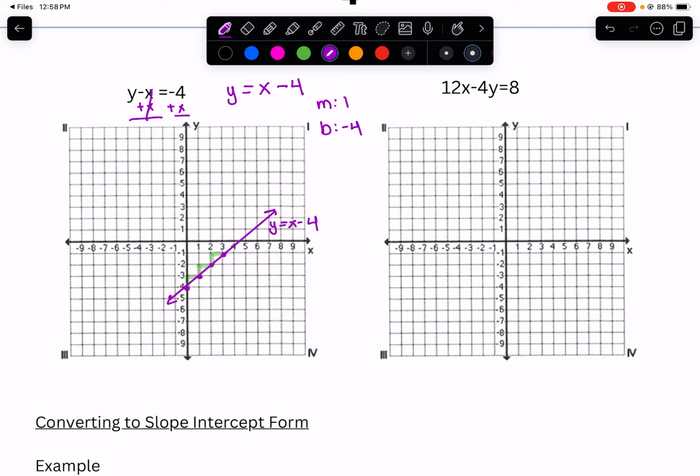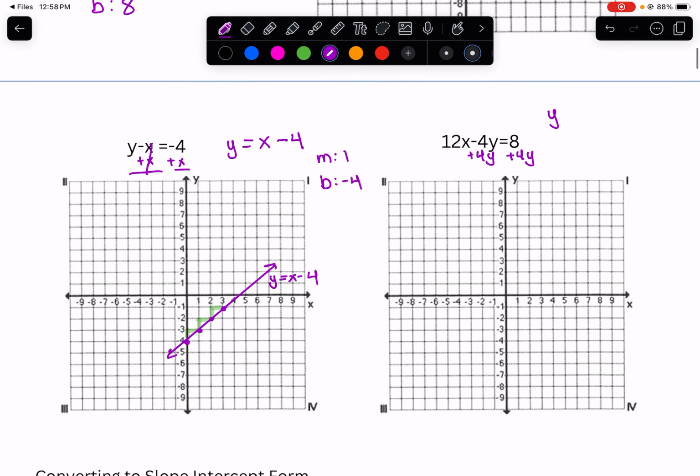Now again, I want to solve for y. In this case, I'm going to move 4y over just to make it positive. So now I'd have 12x is equal to 8 plus 4y. Move the 8 over. We have 4y is equal to 12x minus 8.